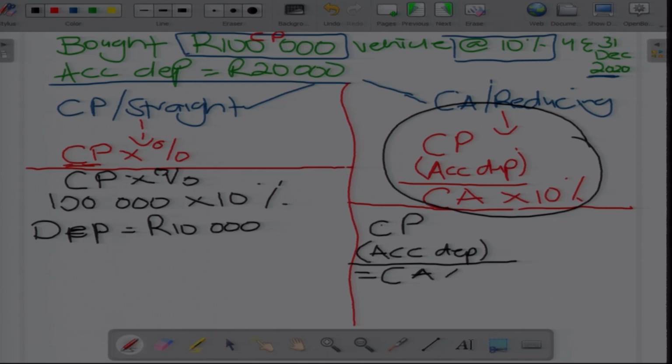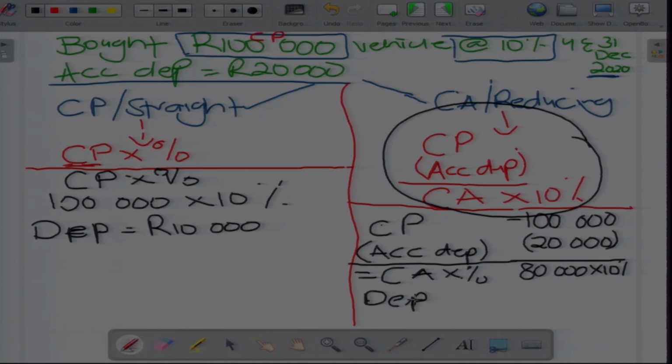Then I'm going to multiply it by the percentage. Okay. So what's my cost price? 100,000. What's my cumulative depreciation? 20,000. So what's my value today? 80,000 times 10%. So meaning my depreciation is 8,000.